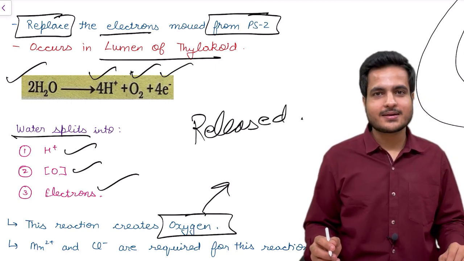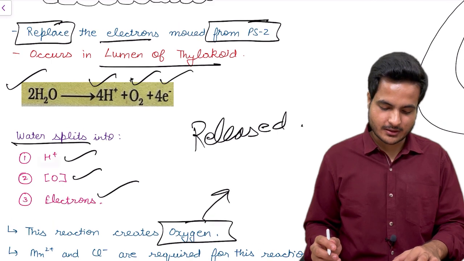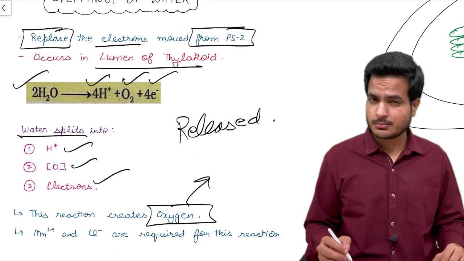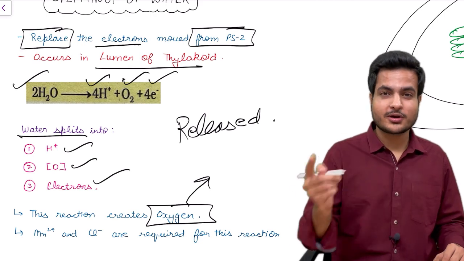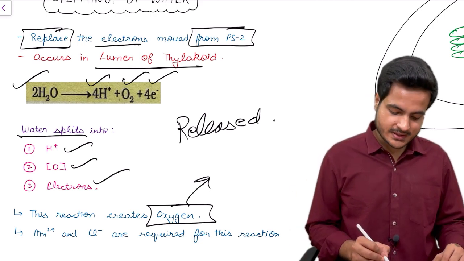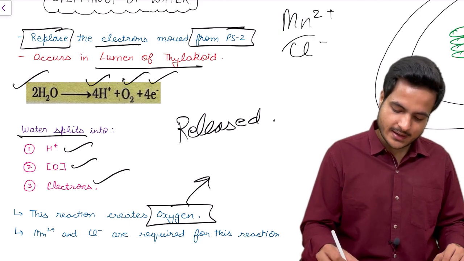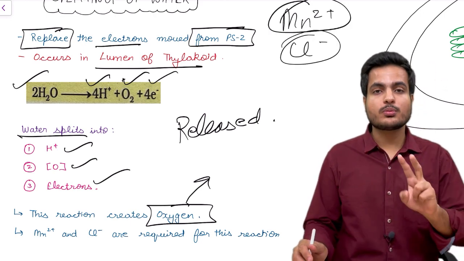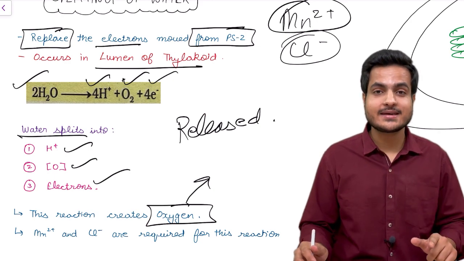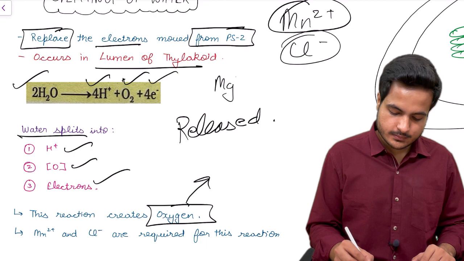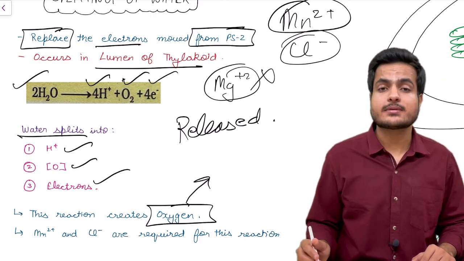We say that the plant is helpful for our surroundings because it releases oxygen by converting water into oxygen. For this reaction to take place, we need manganese ion and chloride ion. This reaction is dependent on two important ions, manganese ion, not magnesium ion, that is Mg. Magnesium ion is not used here.